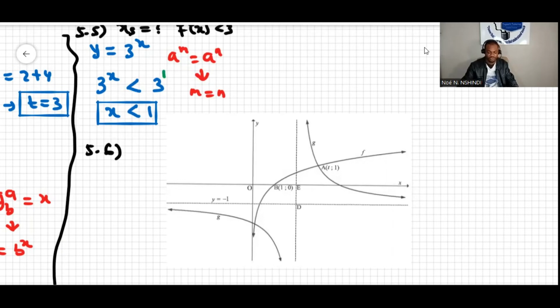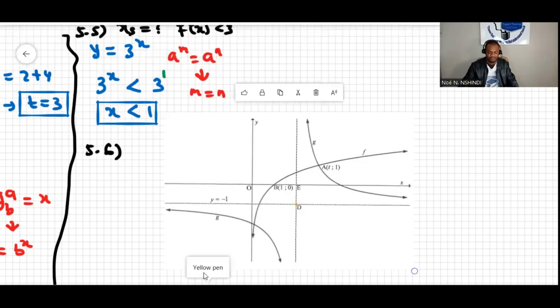It is important to note that the equation of the hyperbola g has 2 lines of symmetry that pass through the asymptotes, so they pass through the coordinates of the asymptotes. In this case, it's D, because D over here is the point where the 2 asymptotes intersect.